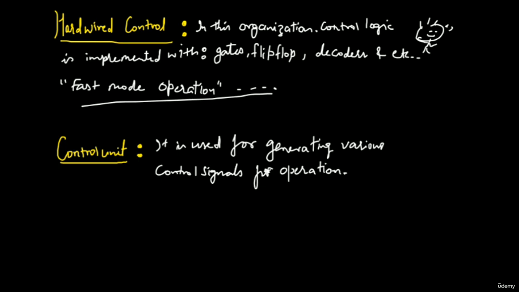So the control unit is doing all that sitting inside the CPU. Now we are studying everything inside the CPU. So this is the way we are learning all these things.